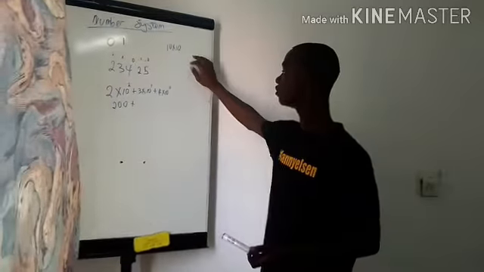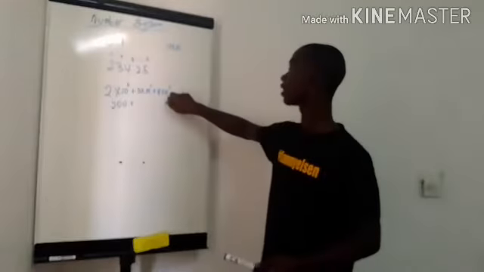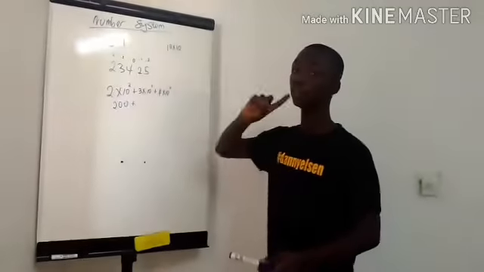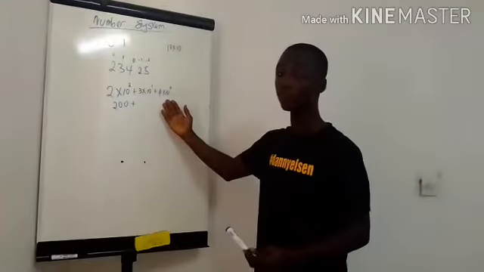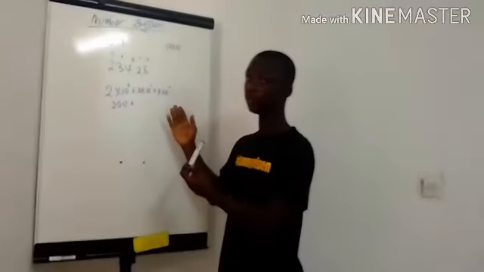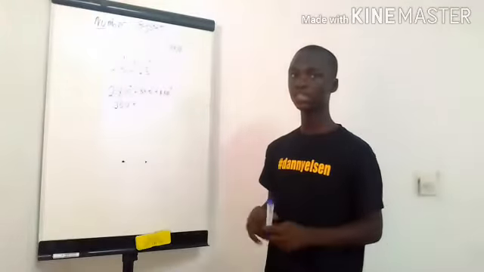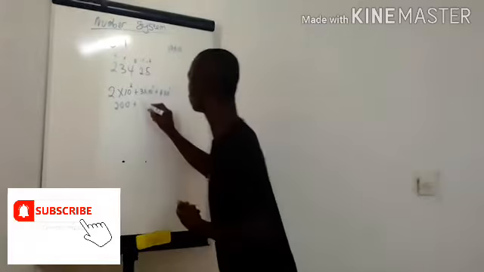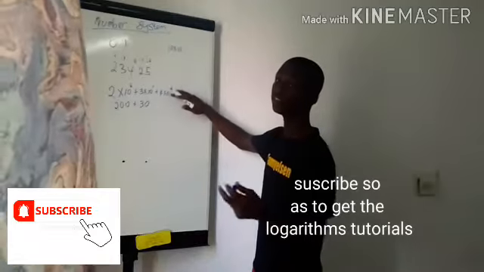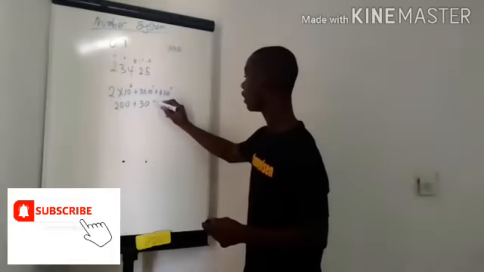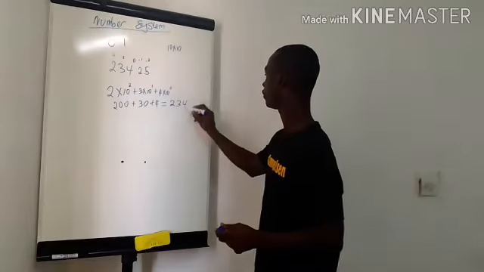And here, to the power 0: everything else to the power 0 is 1. This is the main thing you need to know for now. I will give you more explanation when we talk about logarithms in our next mathematics tutorial. So here we have 30, and since everything raised to the power 0 is 1, here we have 4. So we now have 234.